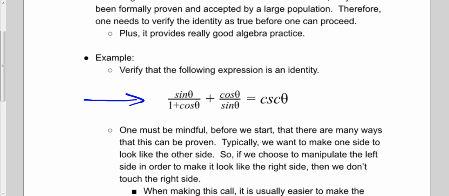I am choosing one way, but when we prove it, I either want to make the right side look like the left side, or I want to make the left side look like the right side. What I don't want to do is play with both of them. So, do you think it would be easier, Kai, if I made the left side look like cosecant theta? Or do you think it would be easier to make cosecant theta look like the left side?